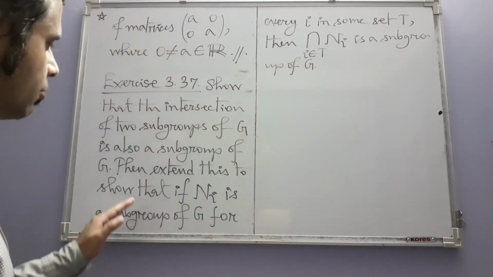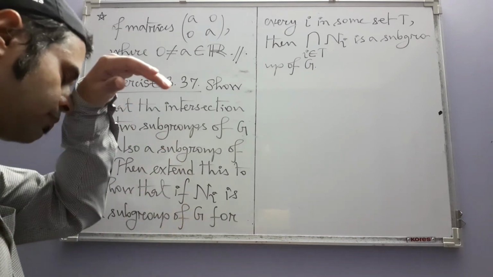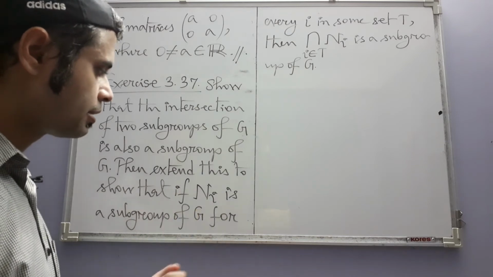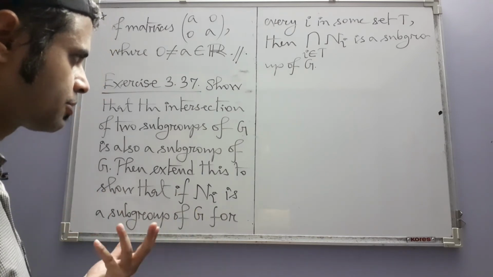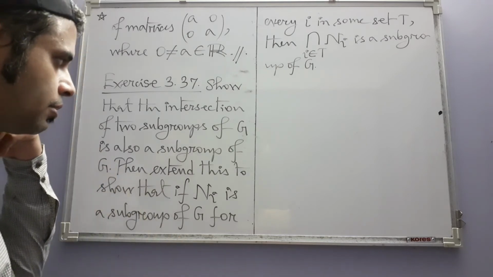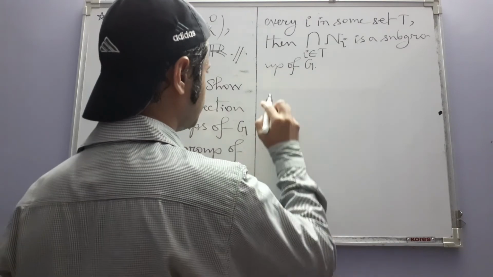I will show only the first part, that the intersection of two subgroups is a subgroup, and this extension is absolutely straightforward, as straightforward as things go. So I will leave that to you. So let's see the two subgroup case.